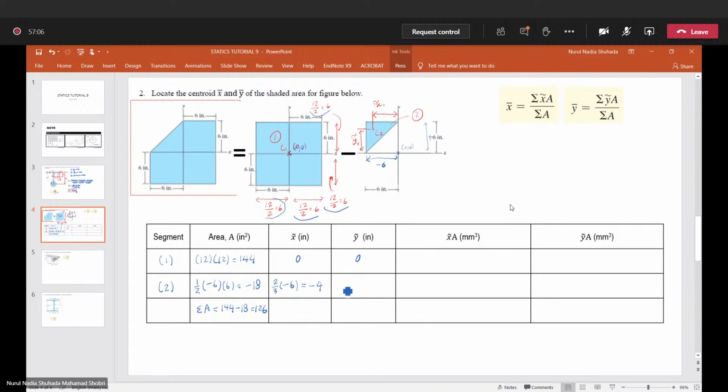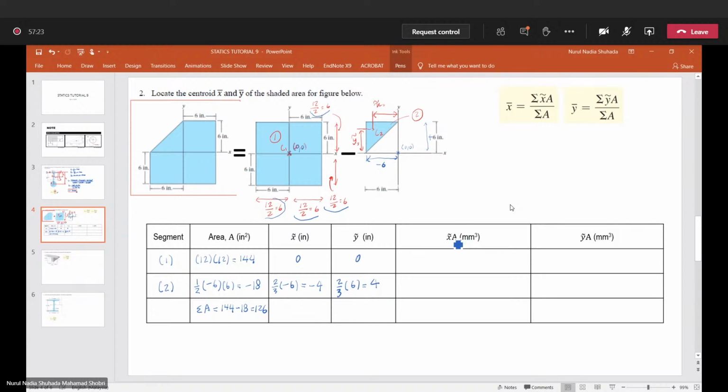And for y, 2/3 times the total length, which is +6. This equals 4.